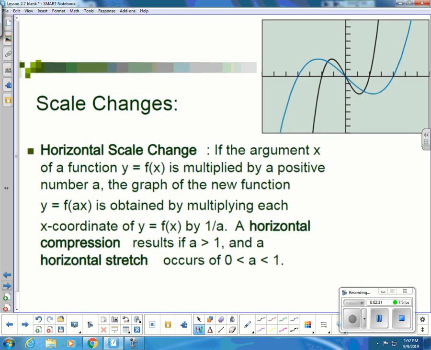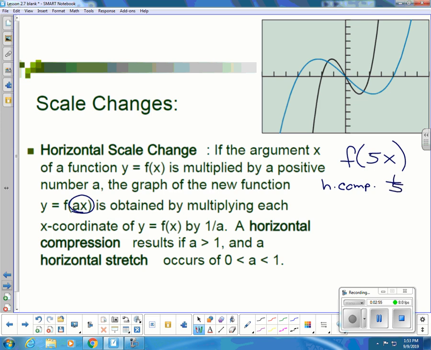If it's a horizontal scale change, it's happening inside with the x. It's the reverse of what you think. So if it's bigger than 1, instead of pulling it horizontally, it's going to compress it horizontally. So if I have a function and it's 5 times x, that's a compression of, what's the reciprocal there? 1/5.